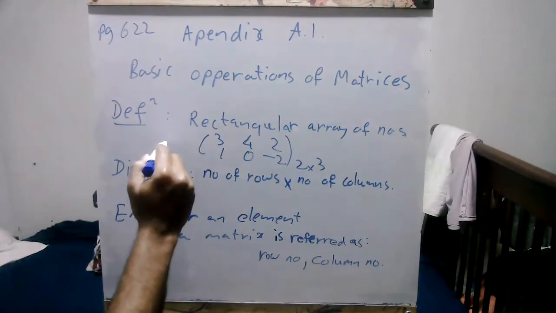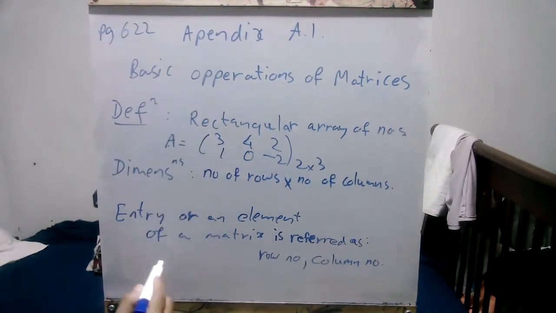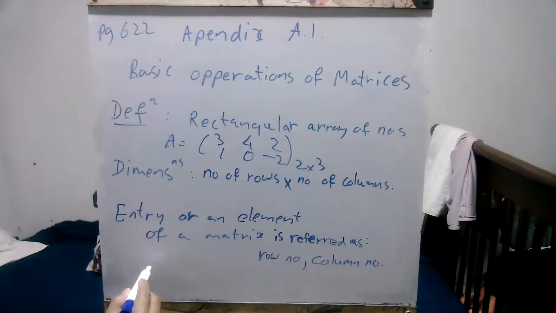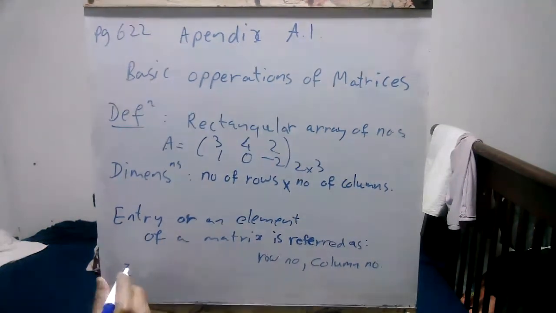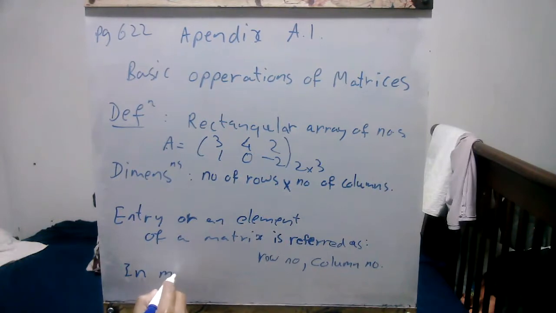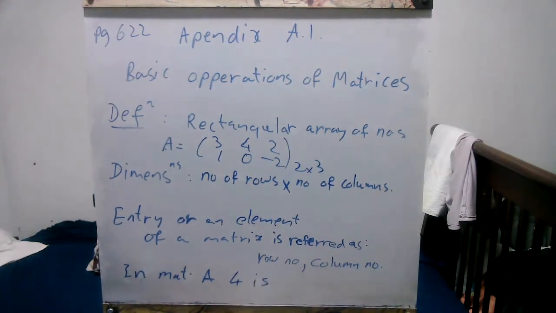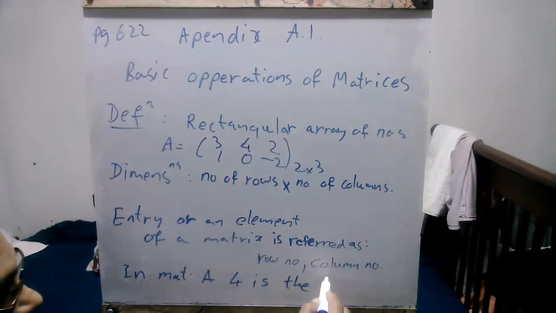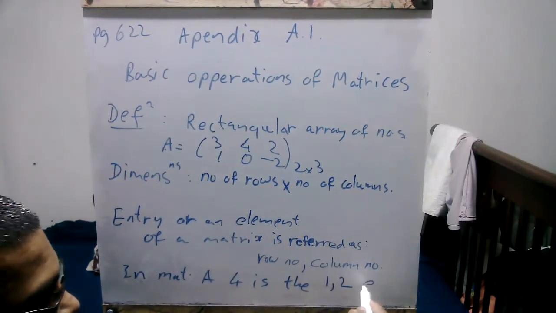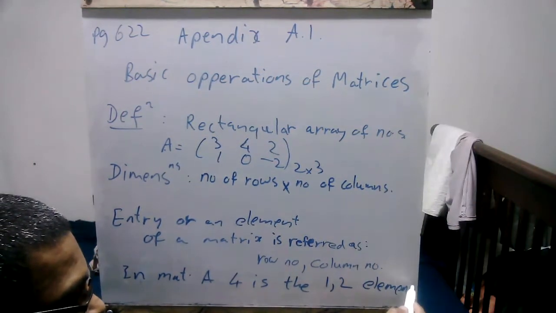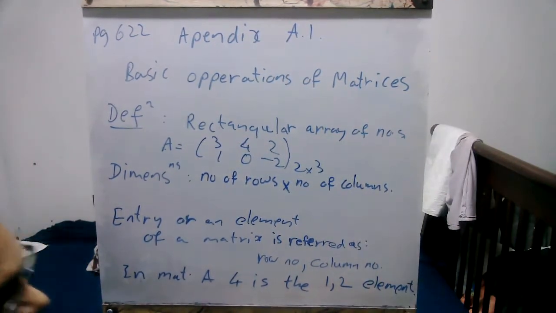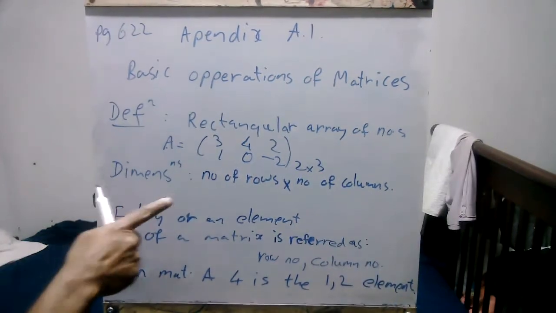Say this is matrix A. In matrix A, 4 is in the first row, second column, the 1, 2 element.